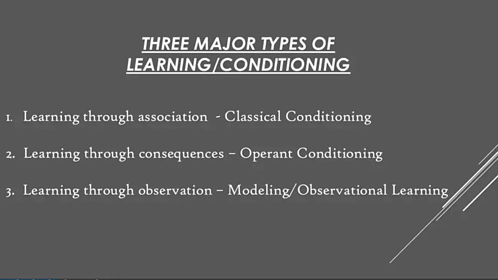There are three major types of learning or conditioning. Number one is learning through association. This is classical conditioning. Number two, learning through consequences, operant conditioning. Number three, learning through observation. This is modeling or observational learning.